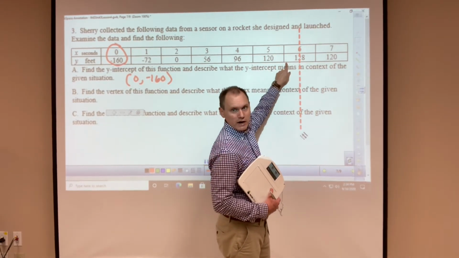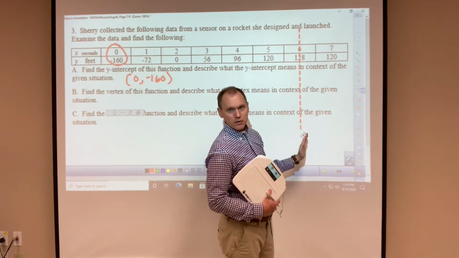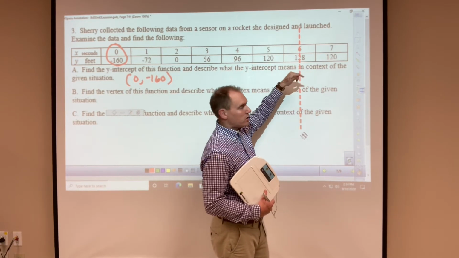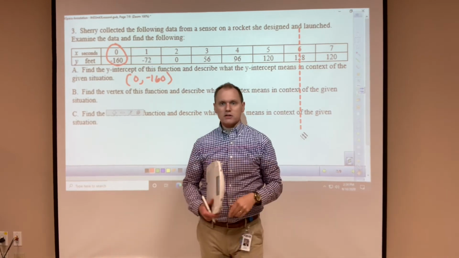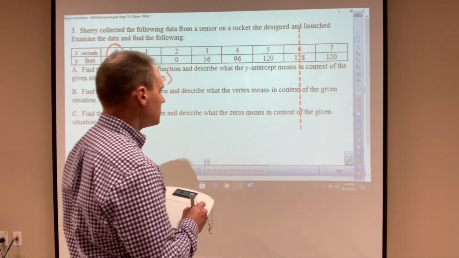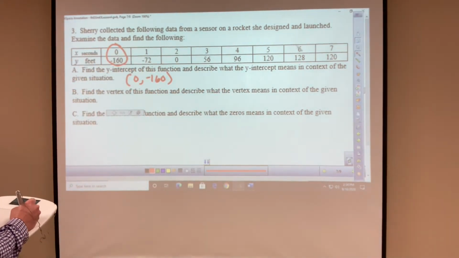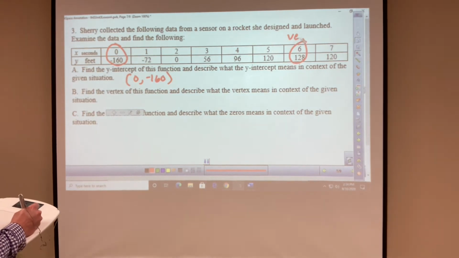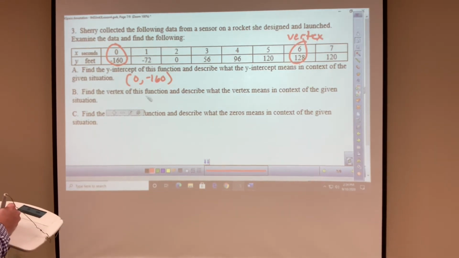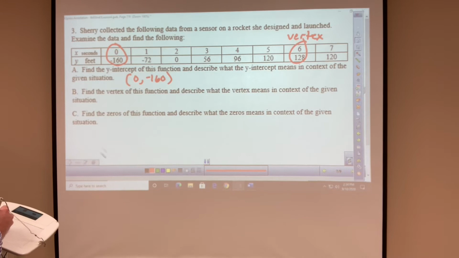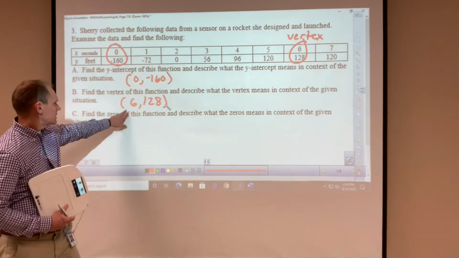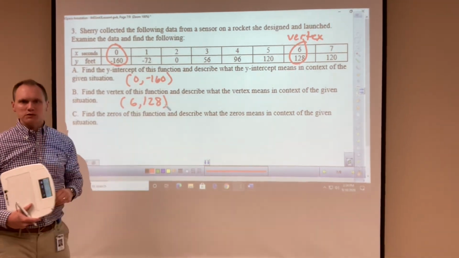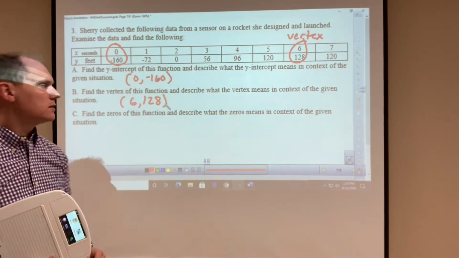Remember, a quadratic is symmetric across the axis of symmetry or the vertex, and so 120 on either side indicates that 6, 128, this one right here, is our vertex. So that's going to be 6, 128, which means after 6 seconds, our rocket reached its maximum height of 128 feet.